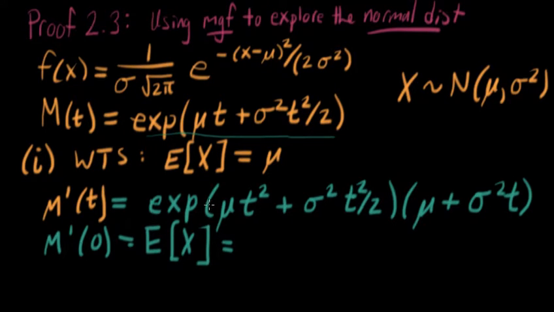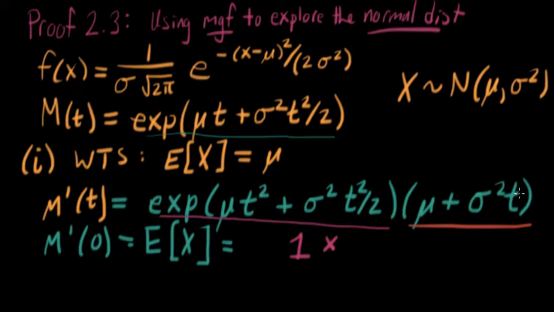Well, this portion of it, substitute 0 in for the t, all of this just goes to 0, so that's e to the 0, and anything to the 0th power is just 1, so then we're multiplying 1 times this.